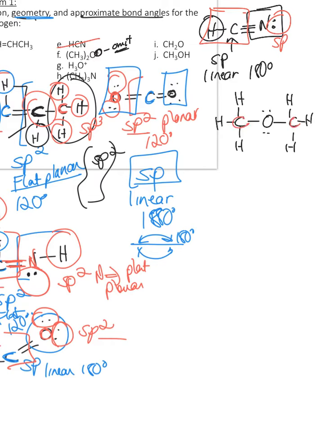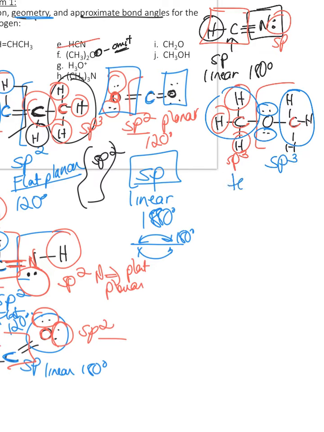This carbon and this carbon are both going to be an sp3. As you can see, 1, 2, 3, 4 things. And the oxygen has 1, 2, 3, 4, so it's also an sp3. sp3 are always tetrahedral, and they're 109.5 degrees. It's actually less than because it's not all the same thing connected to it.